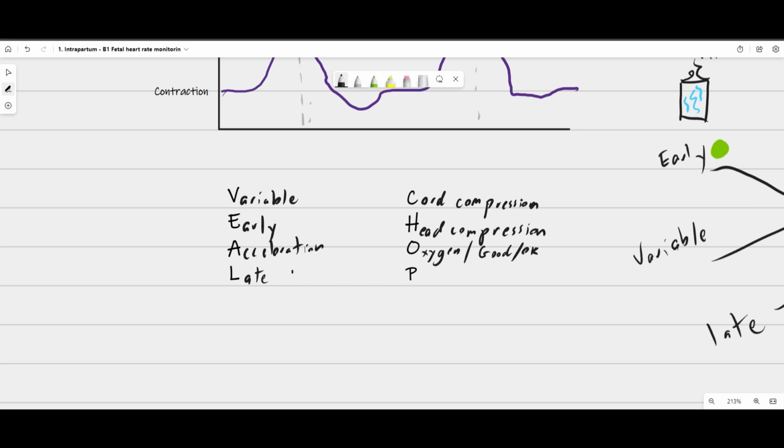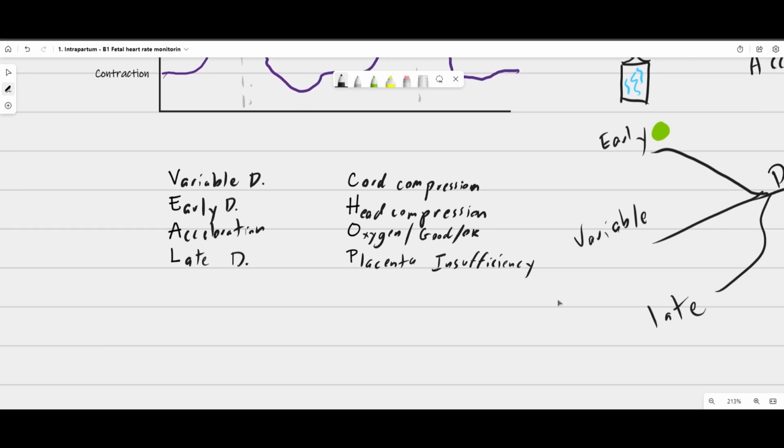Now let's talk about late. So late decelerations, let's write these here a little bit more so we can remember. We're not going to write them all out for sake of time. So this is where we have our problems with our placenta. So placenta insufficiency. So something's going on with our placenta where the baby's not getting enough oxygenated blood to them.